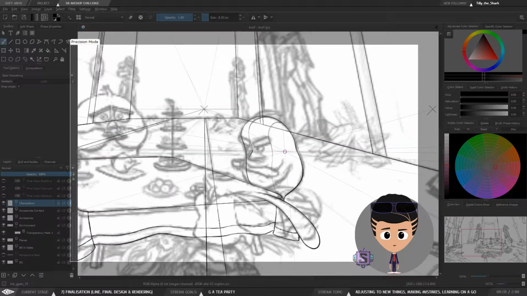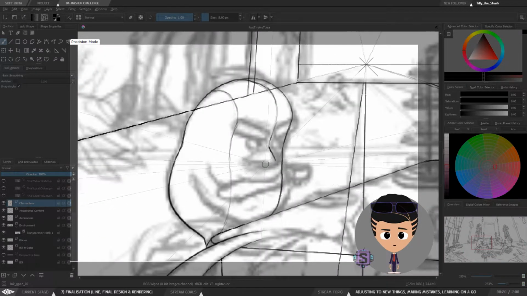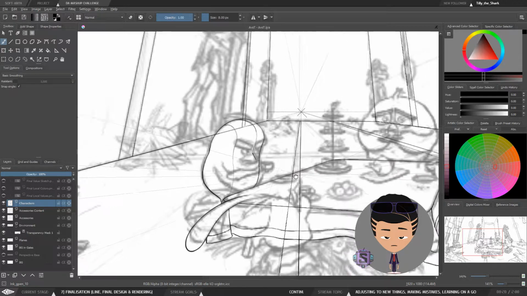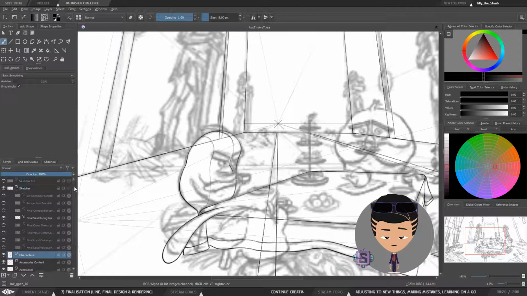These lines are just constructional, for me to analyze this form a little bit better. Well, again, the problem is we didn't spend that much time to actually analyze its form, so maybe we should.